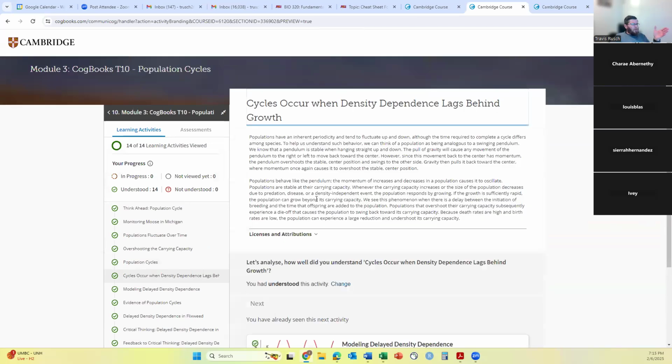And this just talks a little bit more about the lag behind the growth. So you'll see more regular population fluctuations over time if there's a lag effect. And some of that lag effect, the example we had with the wolves, was it takes time for them to build up those resources and reproduce.